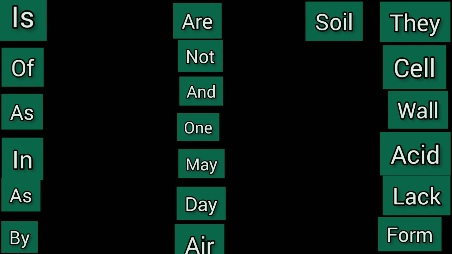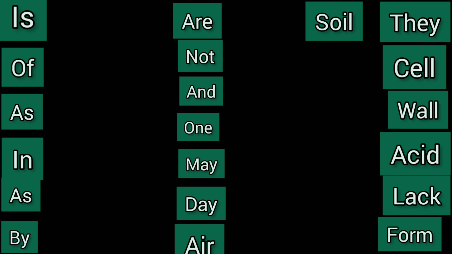on today's comprehension. So let's read them together. Is, of, as, in, as, by. Again, is, of, as, in, as, by. Now the 3-letter words I have are: are, not, and, one, may, day.